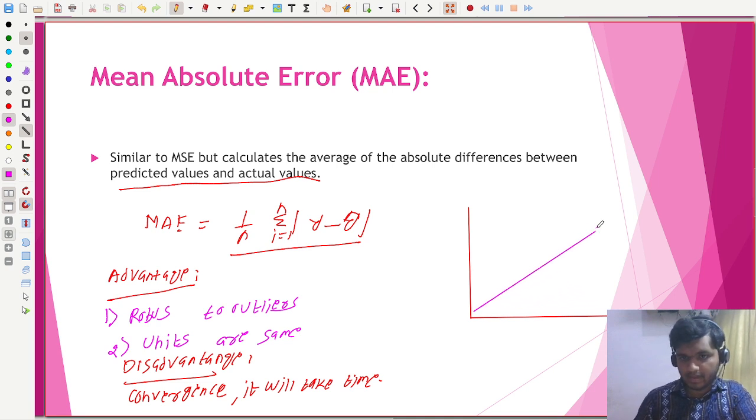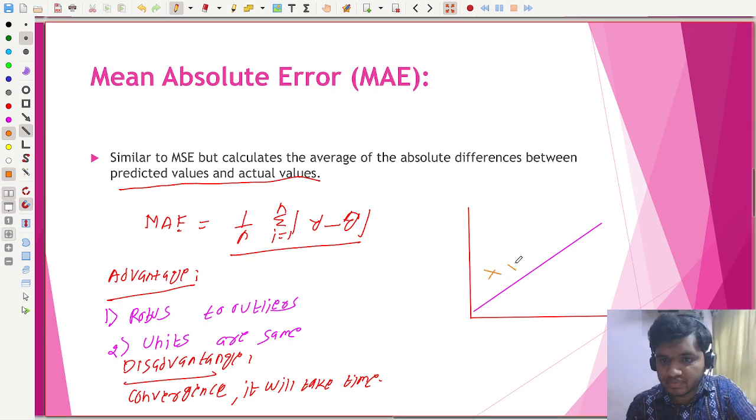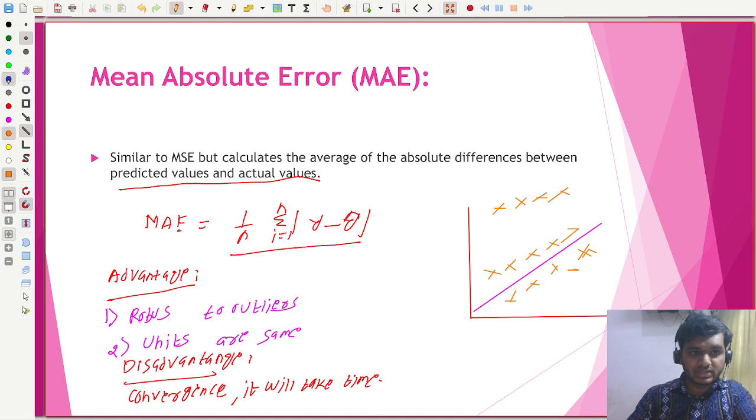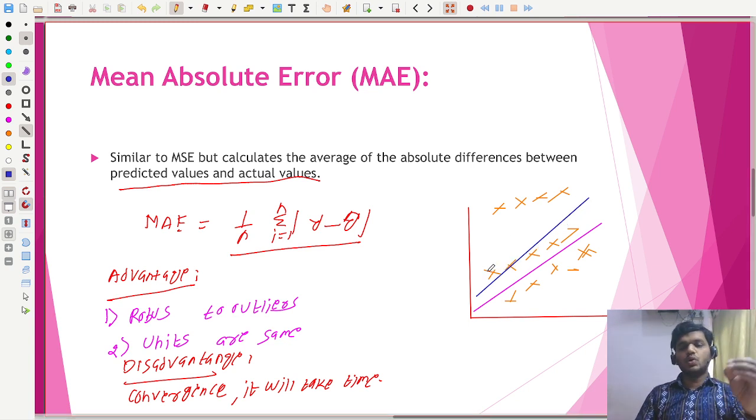For some point like this, if some outlier is present here, it is not possible in mean square error. But in mean absolute error, the line is like this, and it is robust to outlier. So it is the main advantage of mean absolute error.